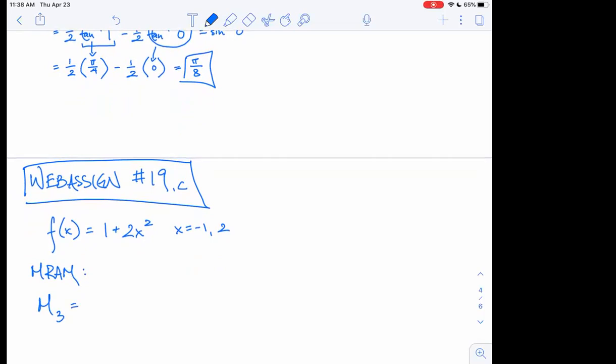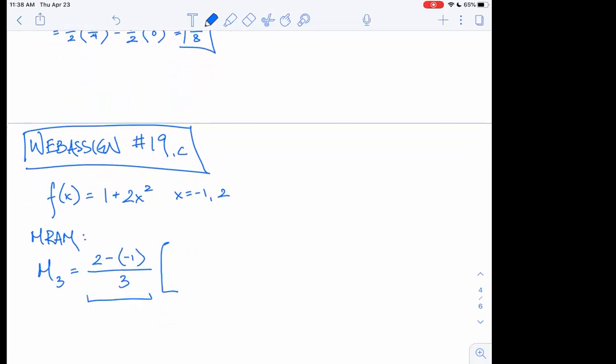So for 3 rectangles, you're going to do b minus a, and you're going to divide it by 3. Okay. So that'll tell you the width of each rectangle. Then you have to figure out what the middle point is for each rectangle. So if you look at the diagram for part C, the first rectangle is between -1 and 0.